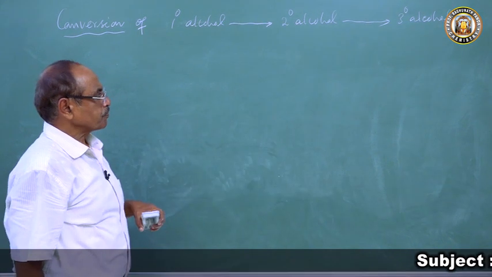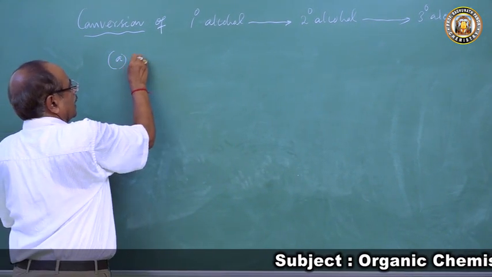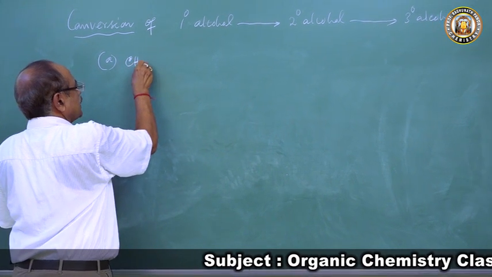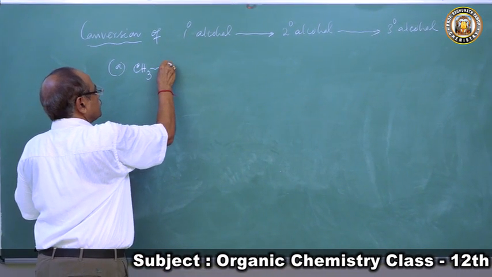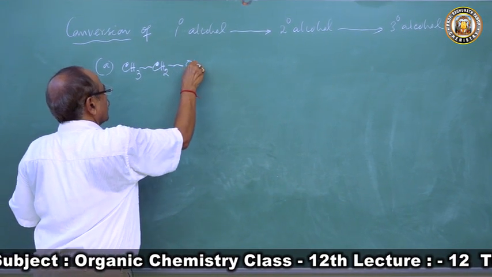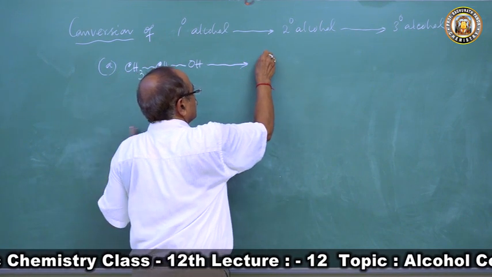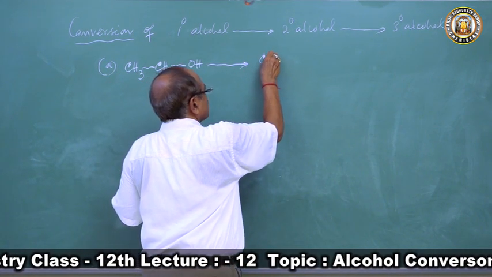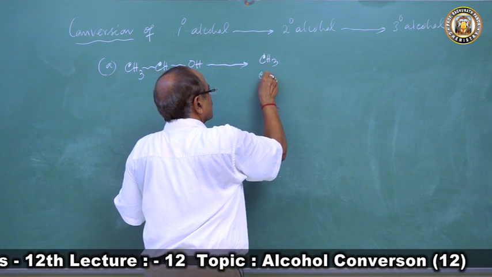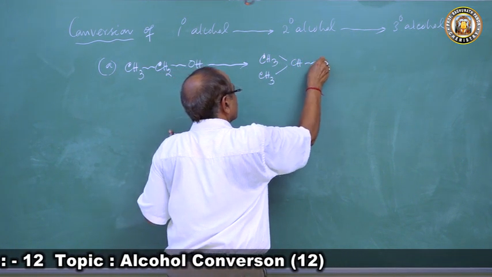Now let's come. We'll take one, that is ethyl alcohol, CH3CH2OH. This is ethyl alcohol, a primary alcohol. We are converting it to a secondary alcohol, CH3CHOHCH3.